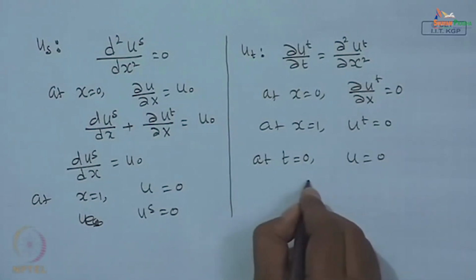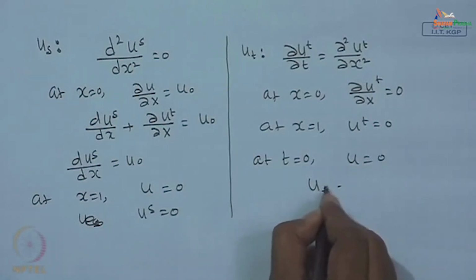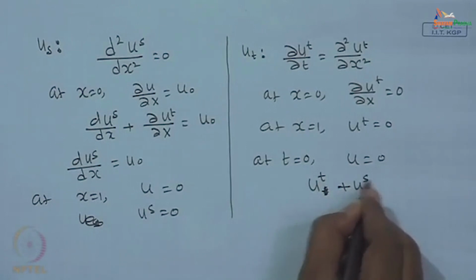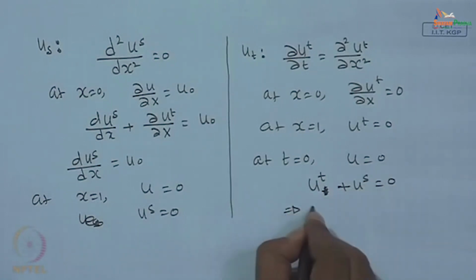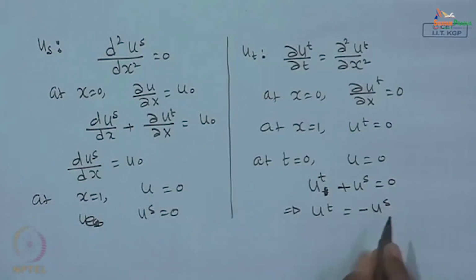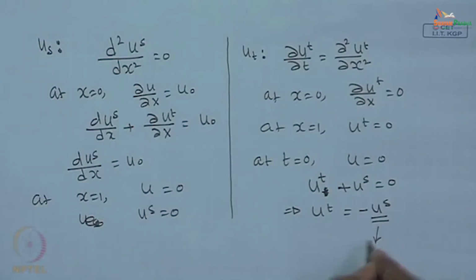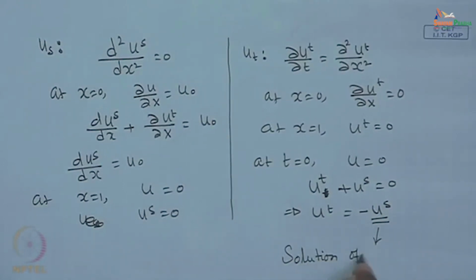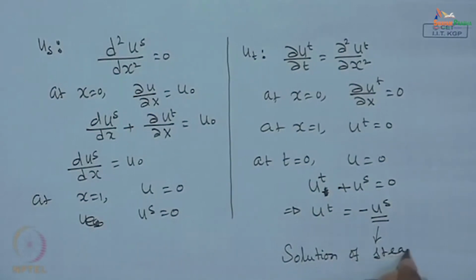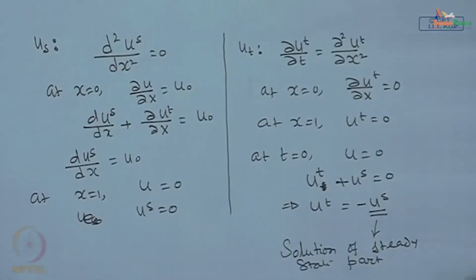So, therefore, we have u t plus u s is equal to 0. So, therefore, u t is nothing but minus u s, which is nothing but the solution of the steady state part, and that will be typically a function of x.